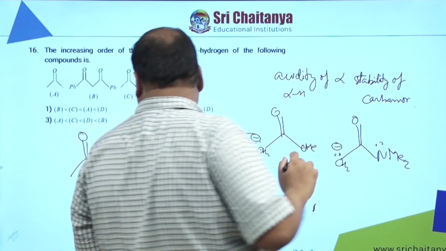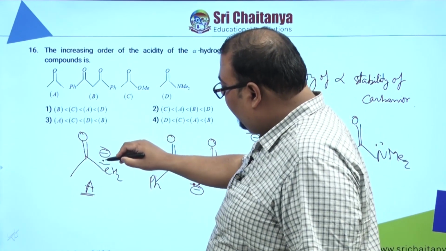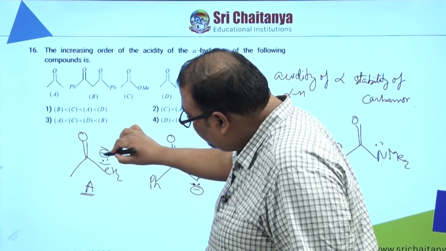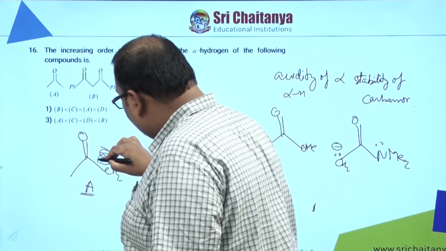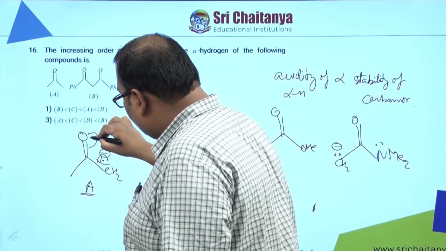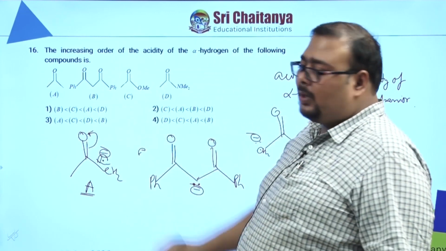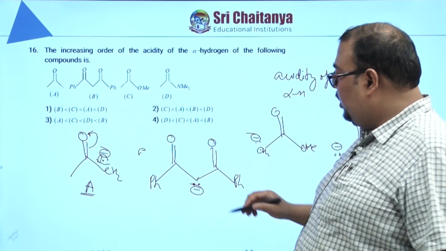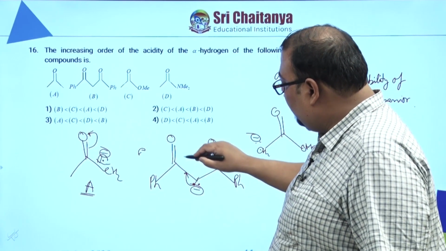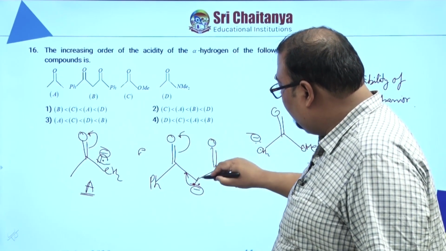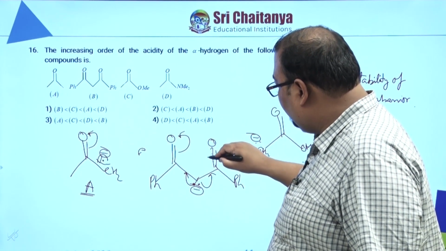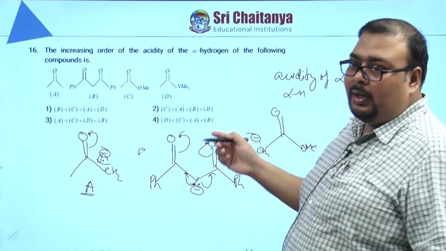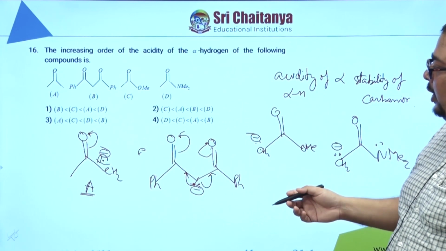So let us start with A. Now you see, in case of A, I can delocalize it like this. So this negative charge can be fully delocalized into the carbonyl oxygen. In this case, I can delocalize it like this, I can delocalize it like this. So there is even more delocalization of negative charge here.